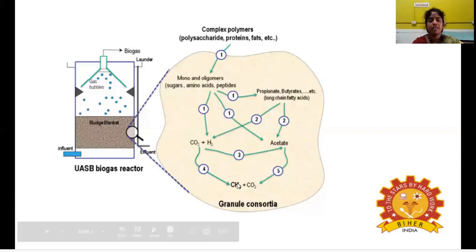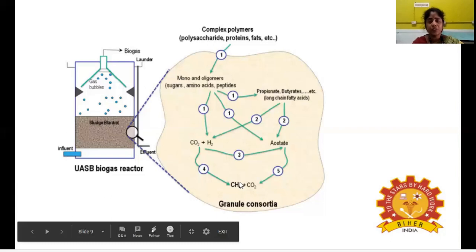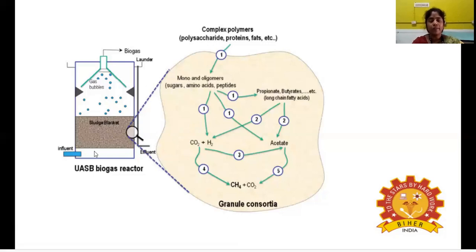Further, this acetate is converted with the help of a microorganism into methane. So the influent containing the mixed culture is carried in a fermenter to produce biogas, along with the byproducts carbon dioxide, hydrogen, and acetate.